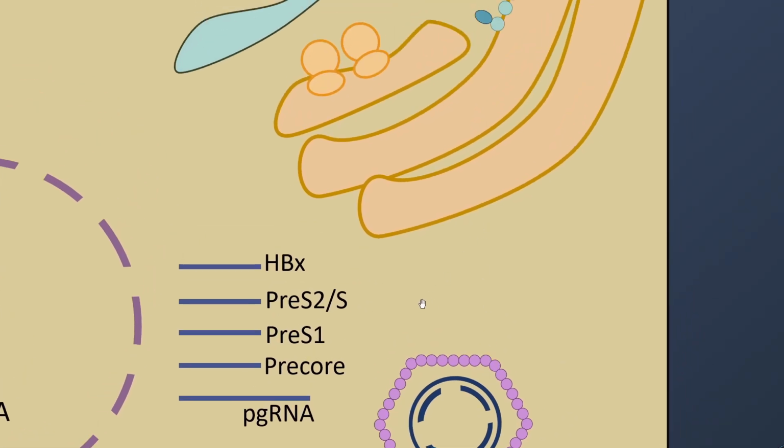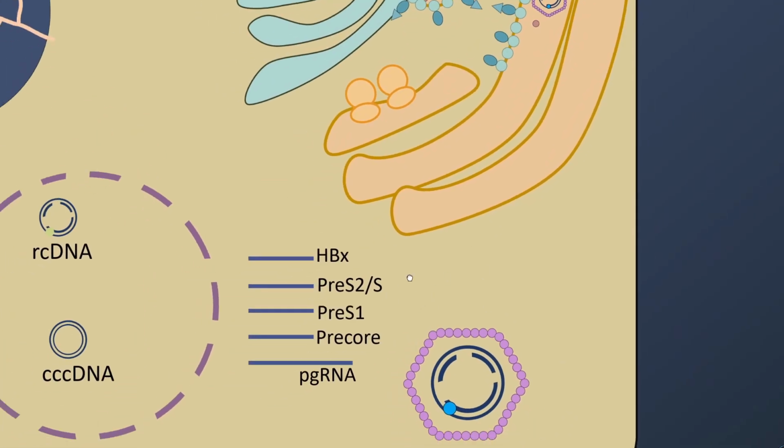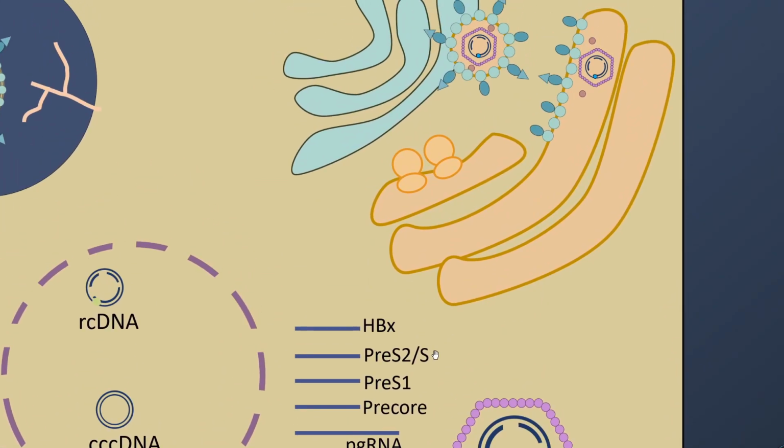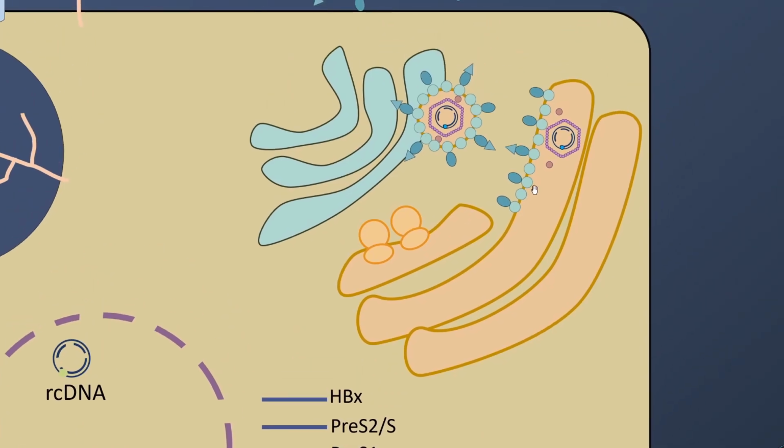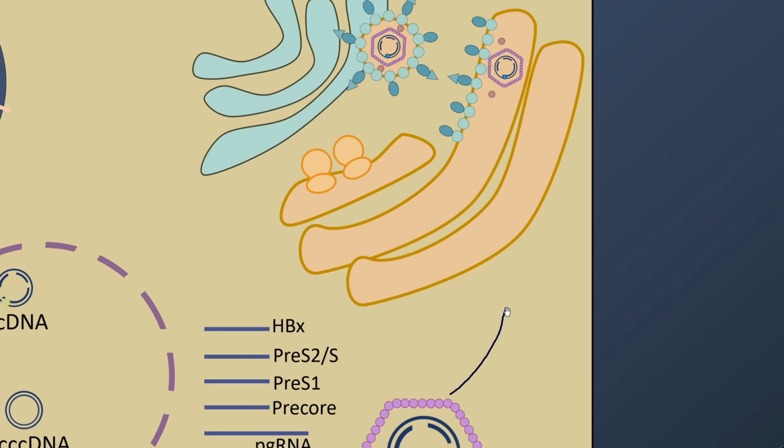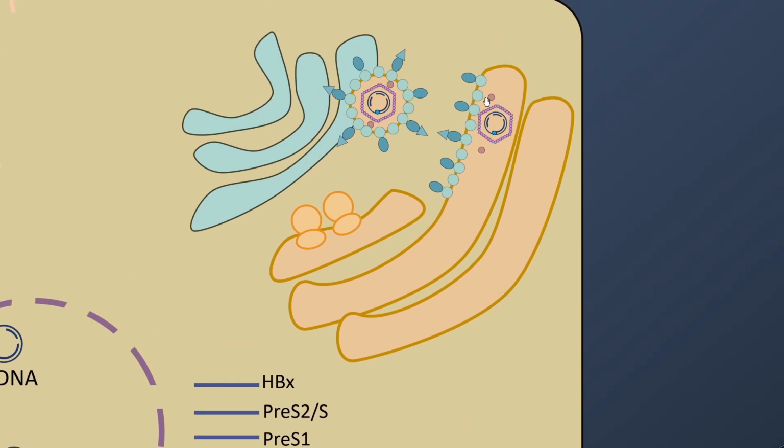Nucleocapsid core then gains entry. No, first what happens? First, these surface proteins are synthesized by these ribosomes of endoplasmic reticulum, right? And embedded into this. E antigen is also synthesized and dissolved into matrix. The nucleocapsid core then gains entry into this part of endoplasmic reticulum.